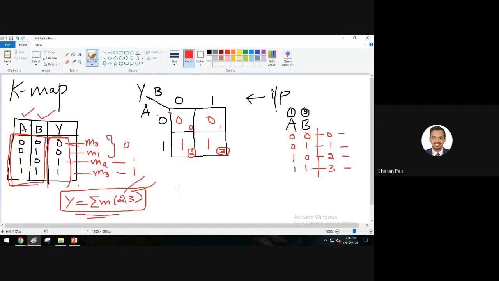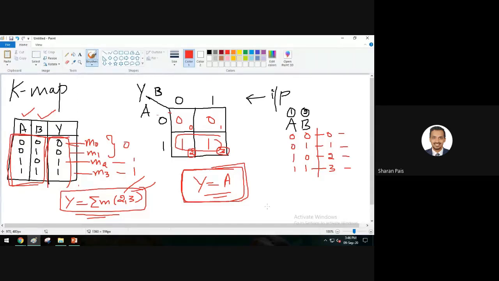So any doubts? Anything? So I'll give the equation. If you solve like this, the equation will be this. So y is equal to this. So this is a simplified equation. Don't worry about how to simplify now.